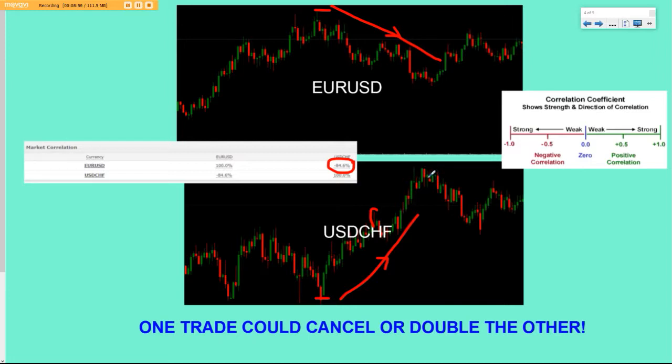Okay, let's look at another situation now. What if I decide to sell here? So I'm selling here, expecting it to go down, and I'm also buying, expecting it to go up. Guys, the fact that these two move in opposite directions, that trade would have been doubled up, because I'm selling, that's going down, and I'm buying, that's going up.